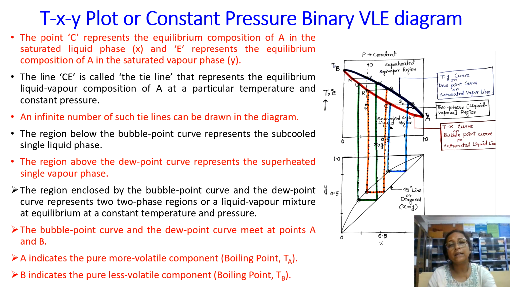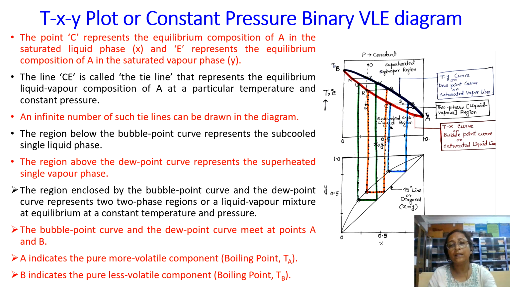On the other hand, points like E, Q, V, Z lie on the upper curve and represent the equilibrium composition of A in a saturated vapor. So the lower curve represents the composition of saturated liquid and the upper curve represents the composition of saturated vapor.